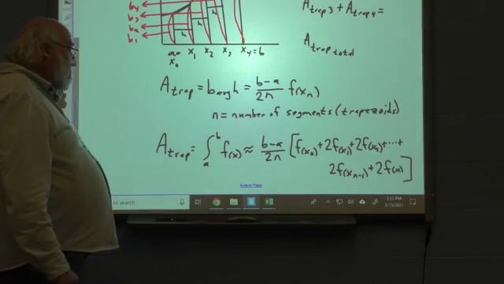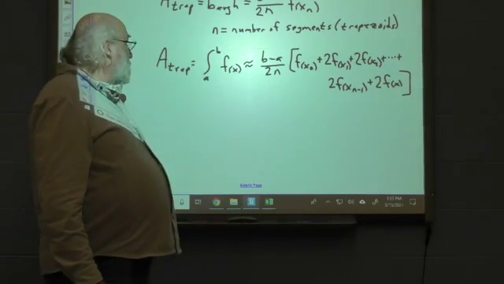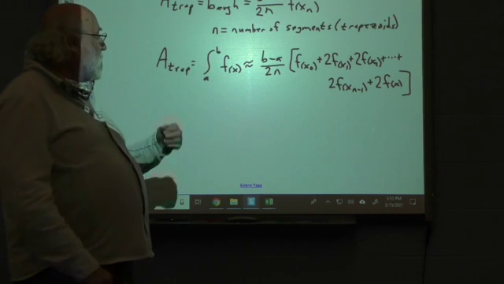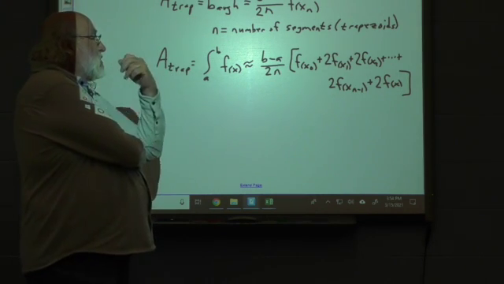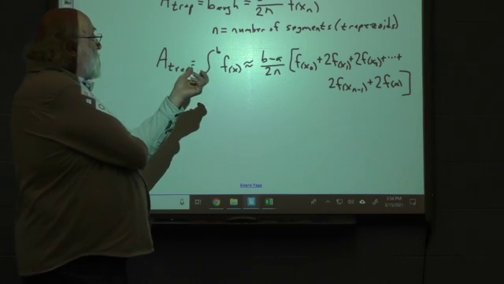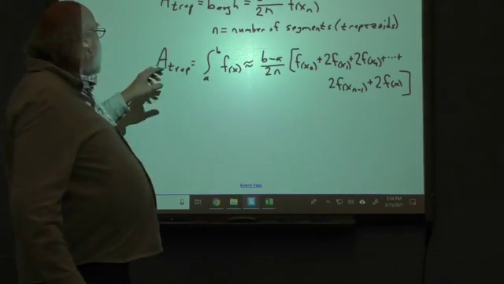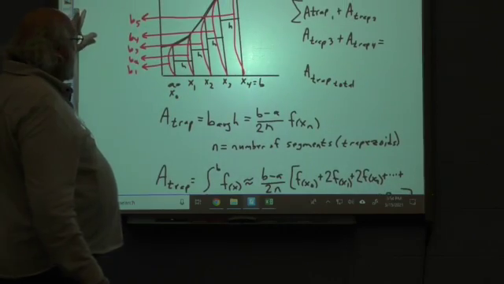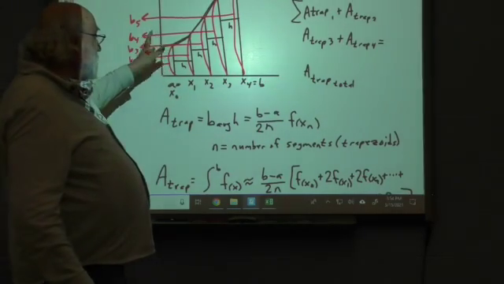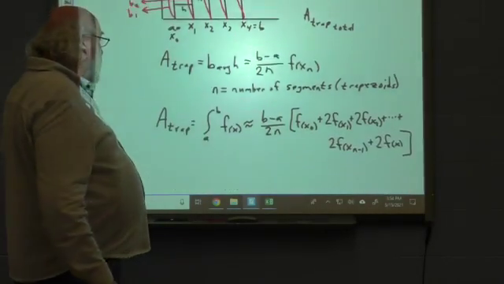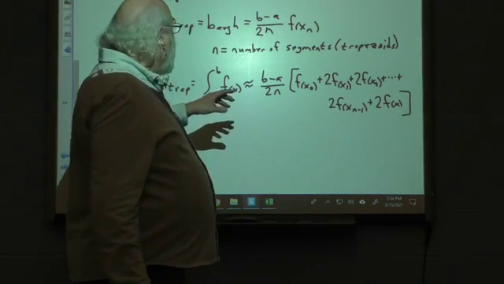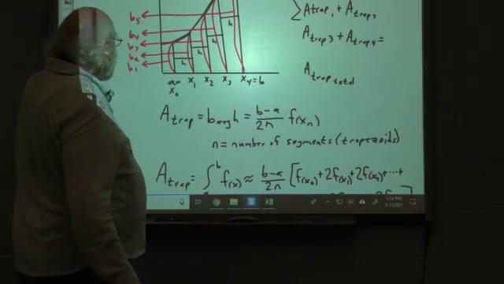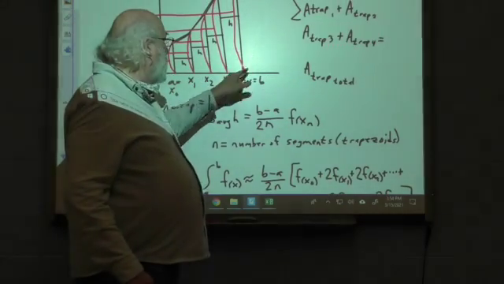And so the trapezoidal rule is basically that if you take a look at the integration of the function of X, you take B minus A over 2N, and you look at all the sums of the trapezoids or the segments that you're going to have here. You're going to end up with 5 lines here: 1, 2, 3, 4, 5 lines.